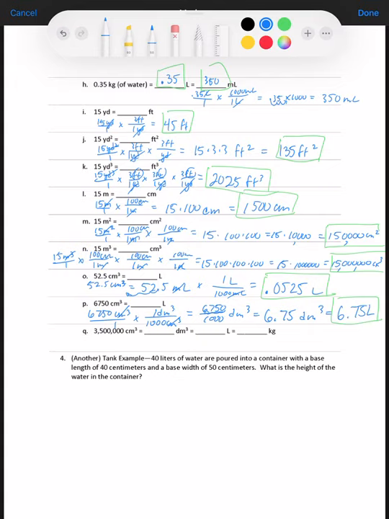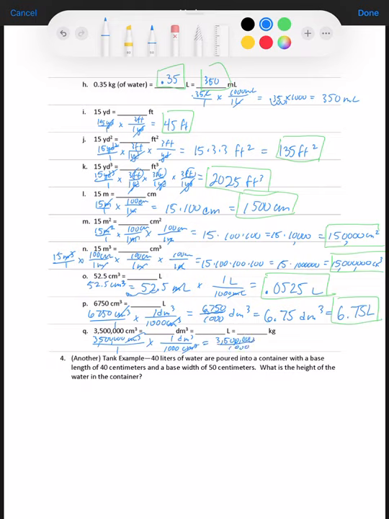All right. So if I have 3.5 million centimeters cubed to decimeters cubed, I'm going to put that centimeters cubed over 1, multiplied by some number of decimeters for centimeters. Well, there's 1,000 centimeters cubed for 1 decimeter cubed. So I'm going to cancel those, and I'm going to divide that 3.5 million by 1,000.